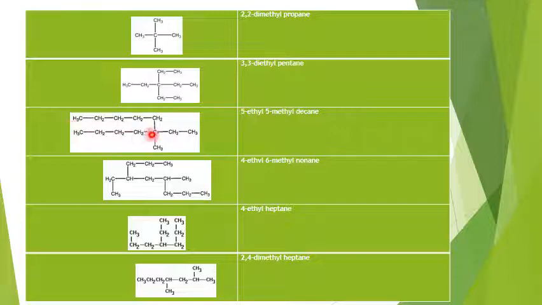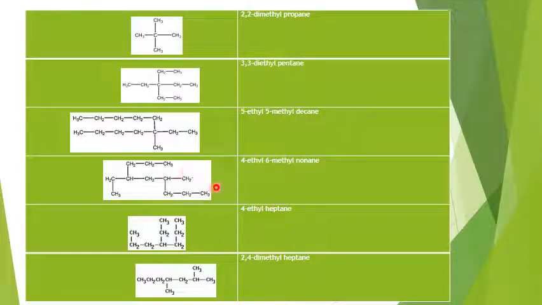Now you have to decide what the numbering is. If you start up here, the numbering would be 1, 2, 3, 4, 5, 6. So both of these would be 6. But if you start on the bottom carbon, 1, 2, 3, 4, 5, these will both be 5. So it'll be 5-ethyl, 5-methyl decane. So you don't go 5,5-ethyl methyl. You have to go 5-ethyl, 5-methyl.